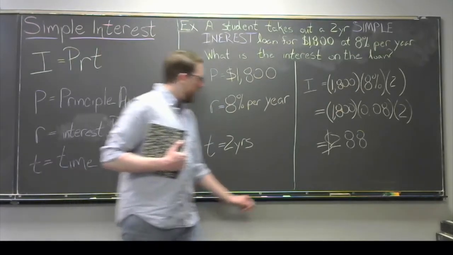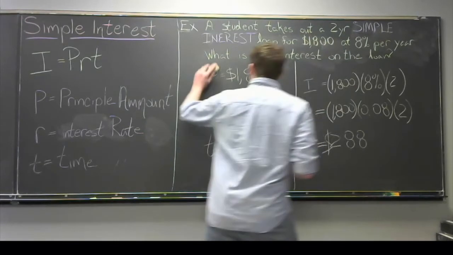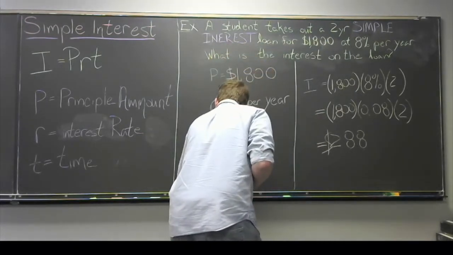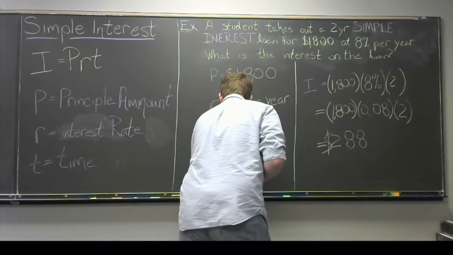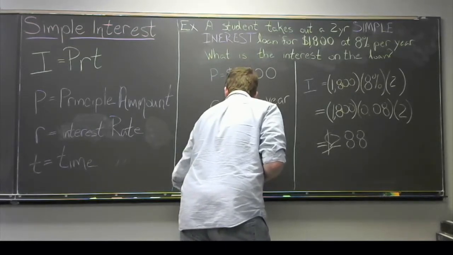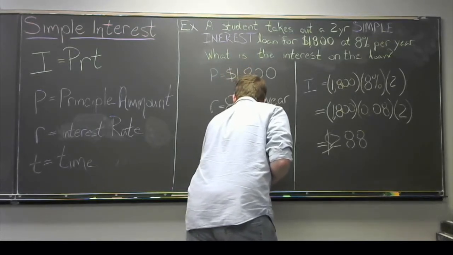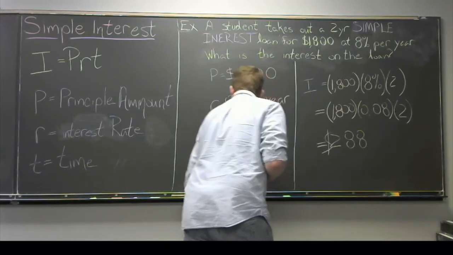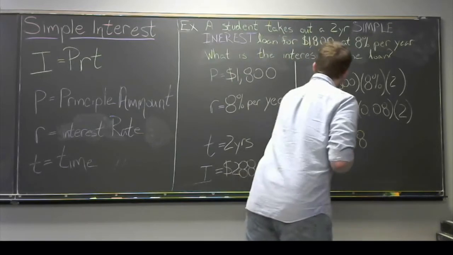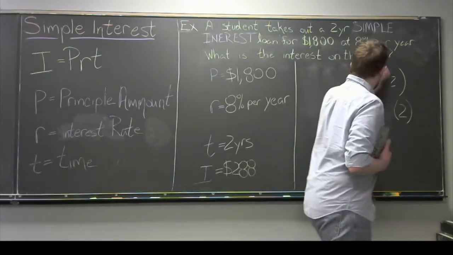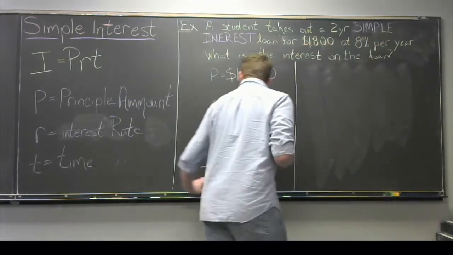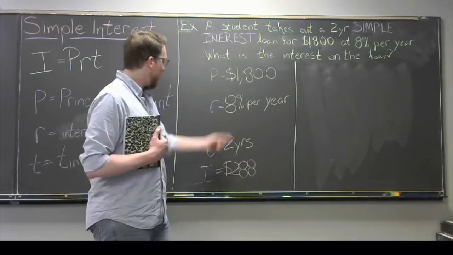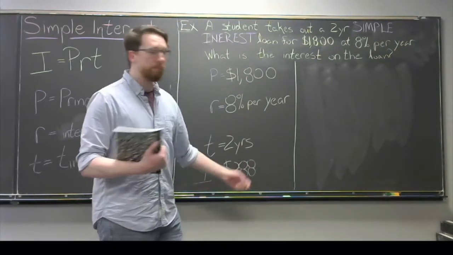But having said that, let's look at this really quick. So we know the interest is $288. So the amount that the student is going to have to pay back is going to be the principal amount plus the interest, right?